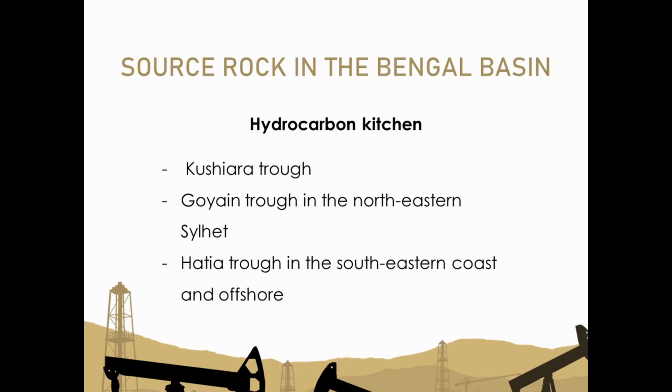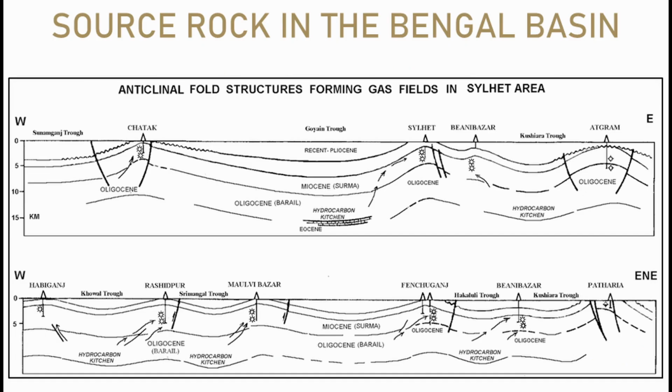Kushiara Trough, Goyan Trough in the northeastern Sylhet, Hatia Trough in the southeastern coast and offshore are known as hydrocarbon kitchens. In this figure, you can see the anticlinal fold structures forming a gas field in Sylhet area. Here, Oligocene Boral is the source rock.